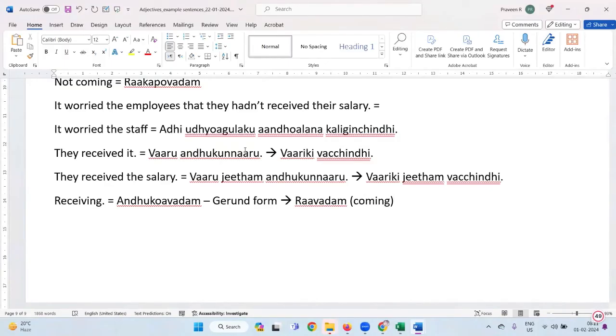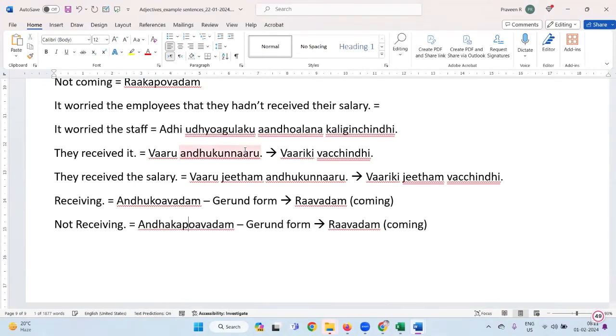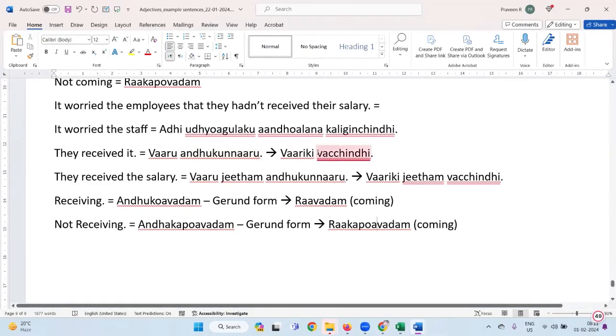In that sense we use it. Now we write the negative form. Not receiving: Andakapovadam. In the spoken negative form, rakapovadam. Now I think it will be easy for you.